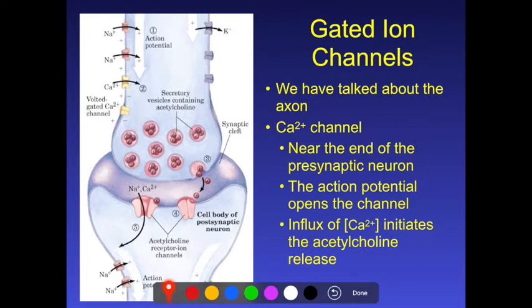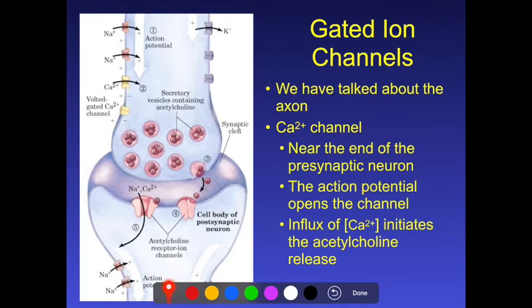Calcium channels are activated once they detect the change in potential or a flow of ions, and the calcium channels open. There's a high calcium concentration on the outside and low on the inside. Calcium will flow inside the cell, and this calcium will allow the membranes of the vesicles that have acetylcholine inside of them to fuse to the membrane and be released in the cleft.